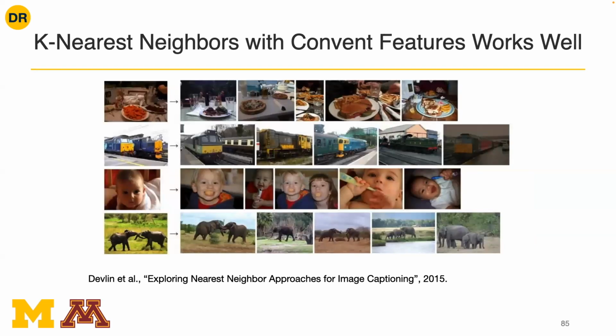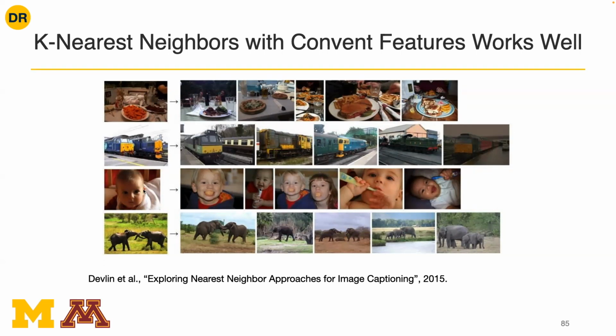Having said that though, k-nearest neighbors can be quite useful. Potentially, instead of working on raw pixel values, we could use k-nearest neighbors to work on the features that are learned from some other machine learning algorithm like a convolutional neural network. This is a practice that is actually used somewhat frequently, and it works pretty well. The examples from this paper show the k-nearest neighbors if you were to evaluate them based on the higher-level features from a learned image classification network.